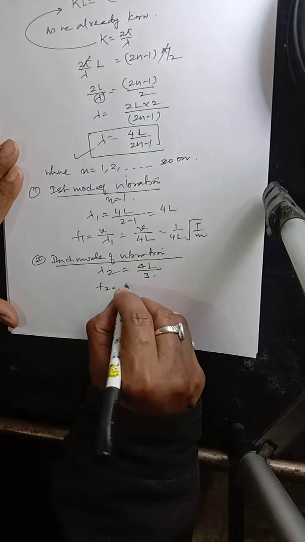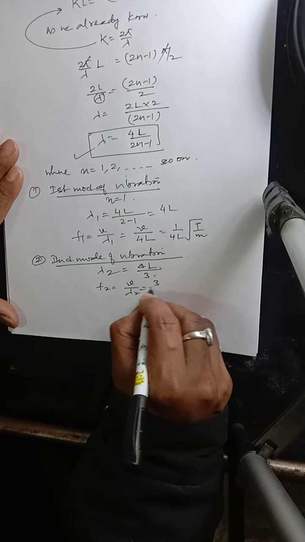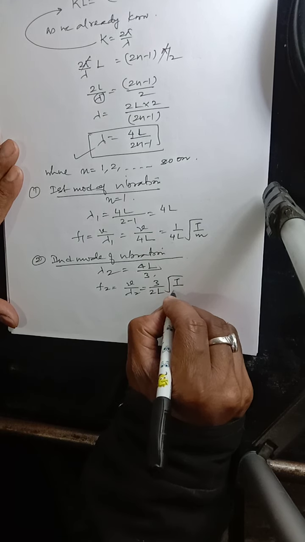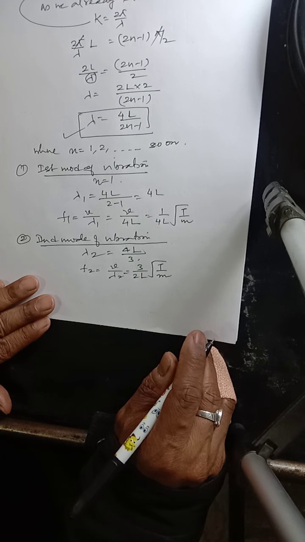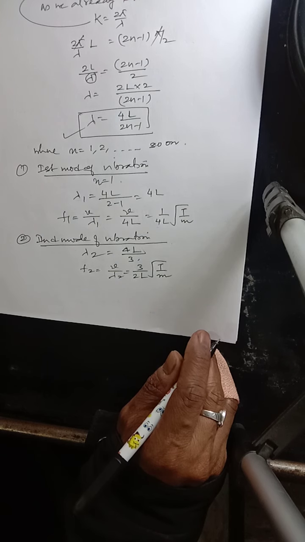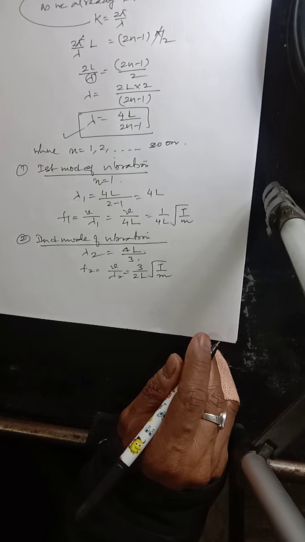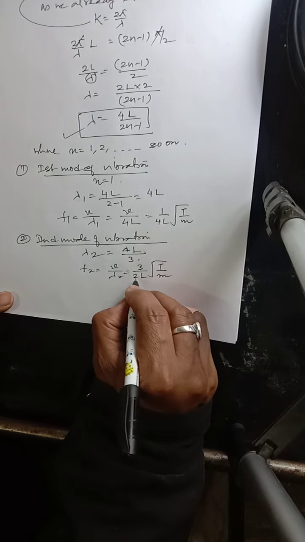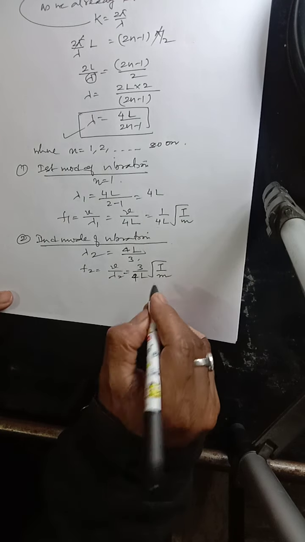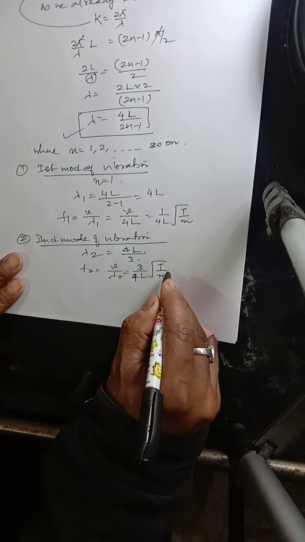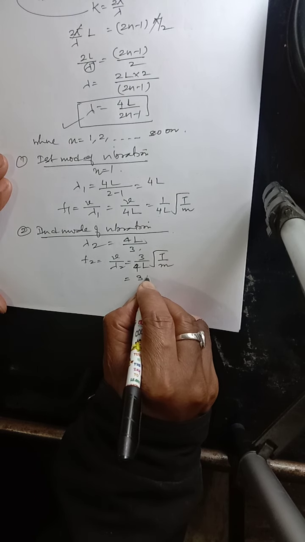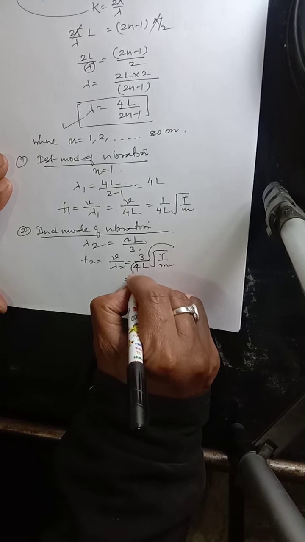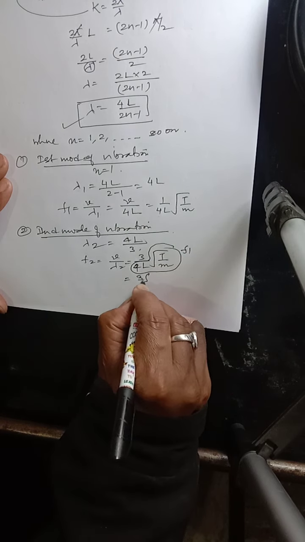Then the frequency f2 is V by lambda 2, that is 3 by 4L root of T by M. This becomes 3 times f1.